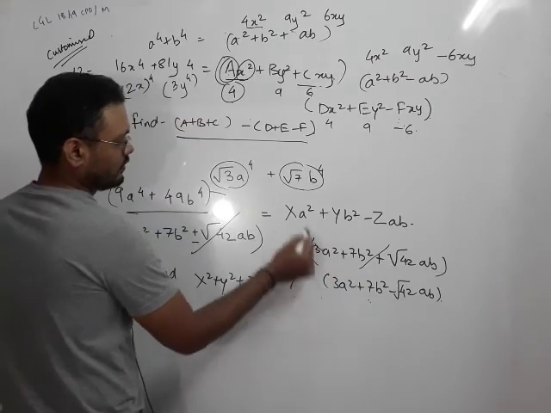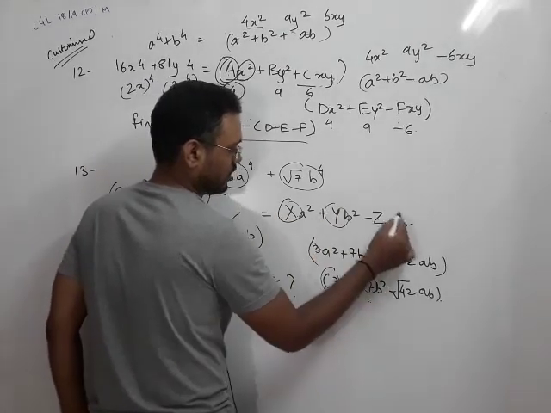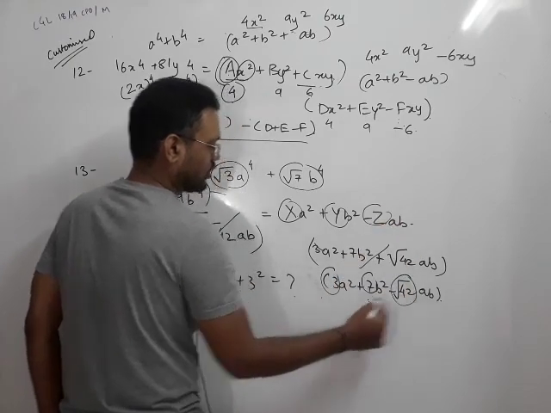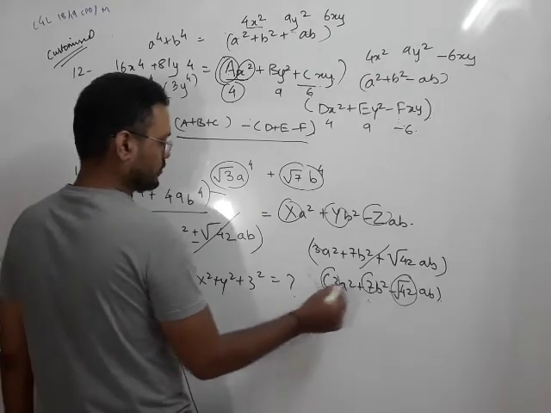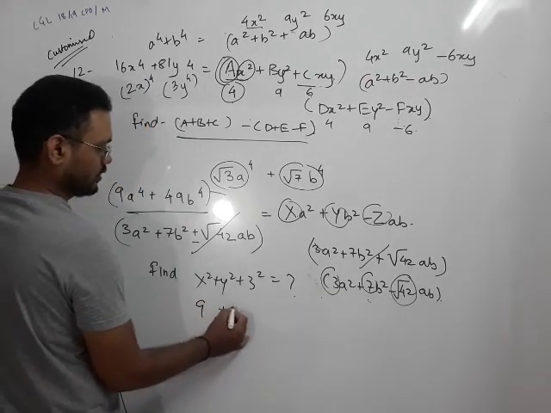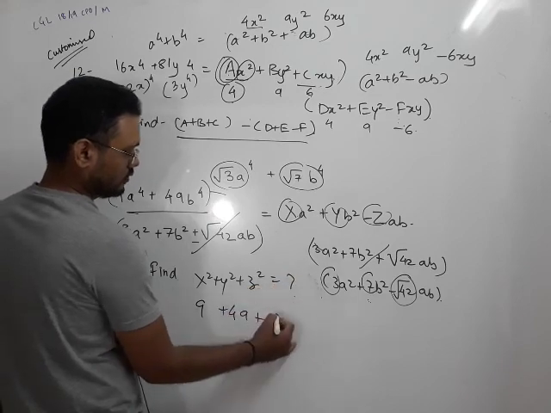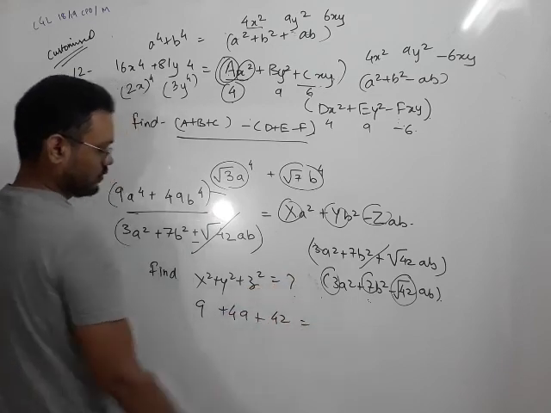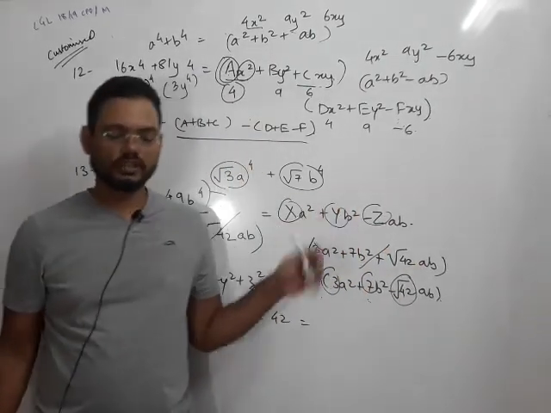You have to equate the values now. X is 3, y is 7 and z becomes root 42, and accordingly find the answer. 9 plus 49 plus z square means 42, whatever is the answer. So this is one variation it can be asked.